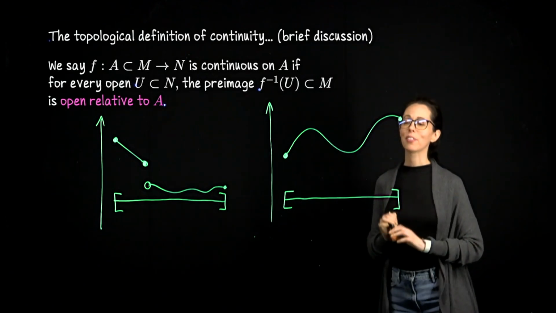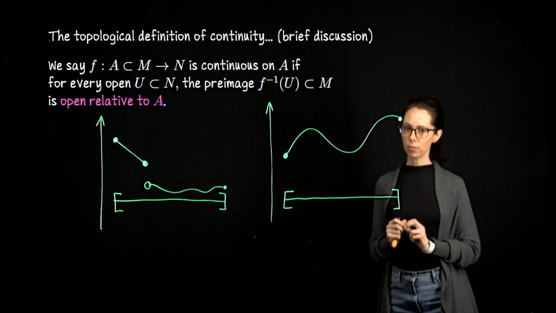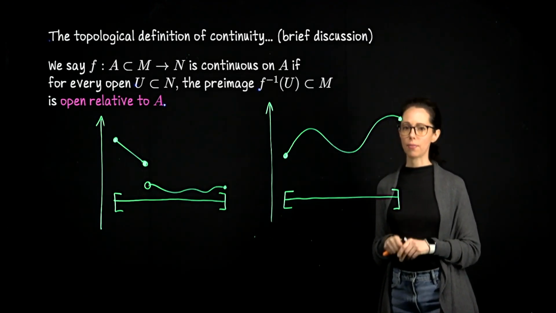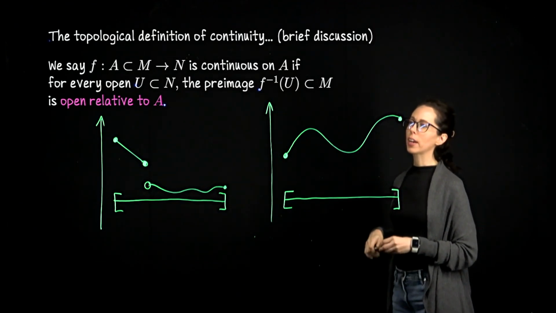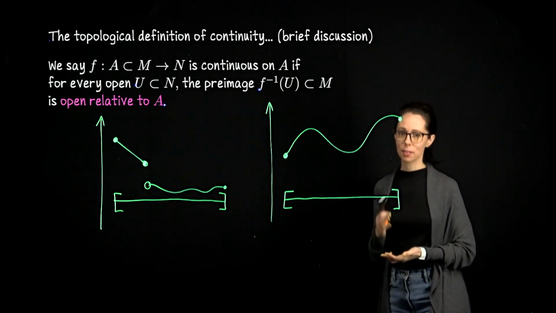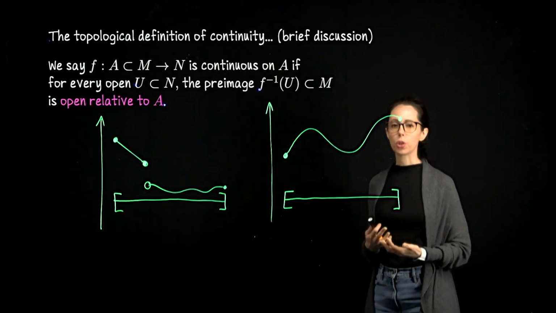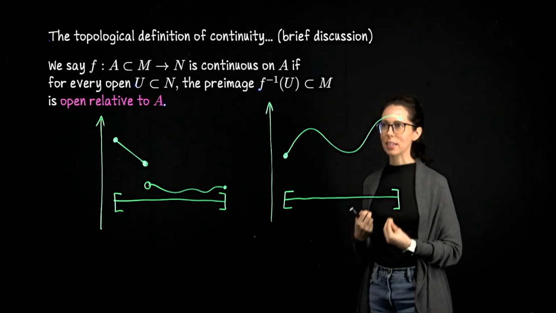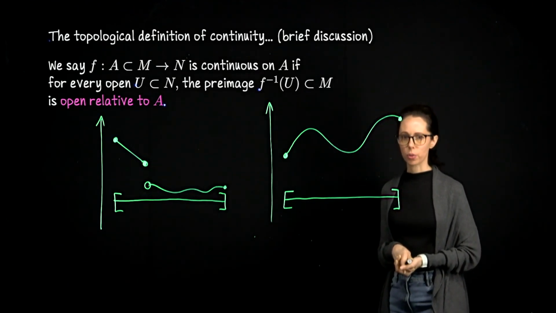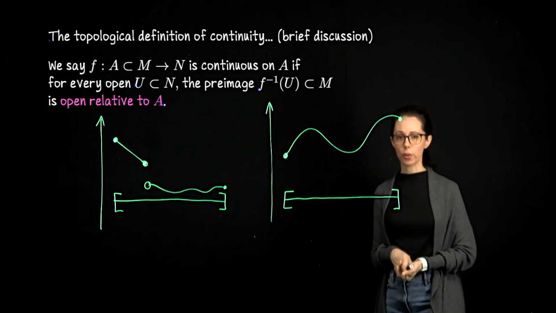Let's wrap up our first look at continuity with a brief discussion about the topological definition of continuity, which is phrased in terms of open sets. I just want to present this to you and give you the main idea. We will revisit this notion when we look at the 4 characterizations of continuity.